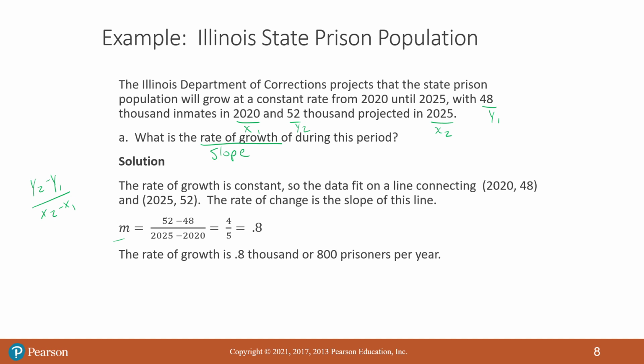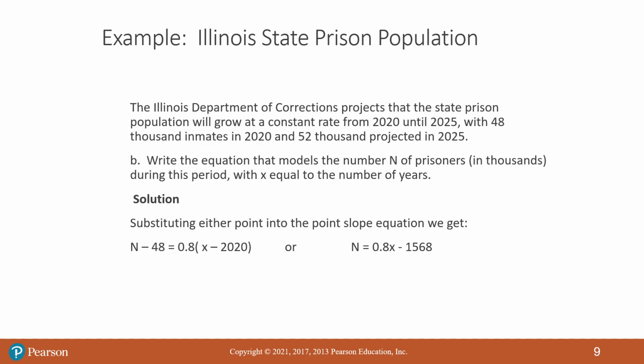This is your X2 minus your X1. That simplifies down to 4/5, or, if you write it as a decimal, 0.8. So the rate of growth is 0.8 thousand, or 800 prisoners per year. Simple enough. Just a slope, that's all they're asking for.